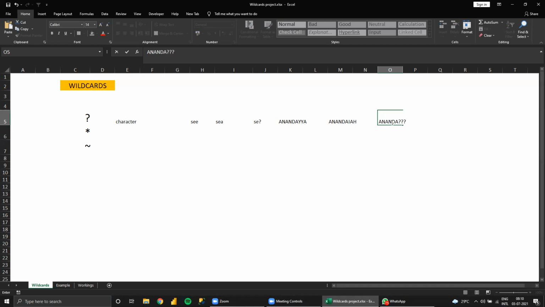People make spelling mistakes in this. So in this case I am using three question marks because three characters are incorrect. When you use the formula, A N D up to here everyone uses the same spelling, but the last three letters are not correct. People always go wrong with spellings, so wherever you see the change, put a question mark.